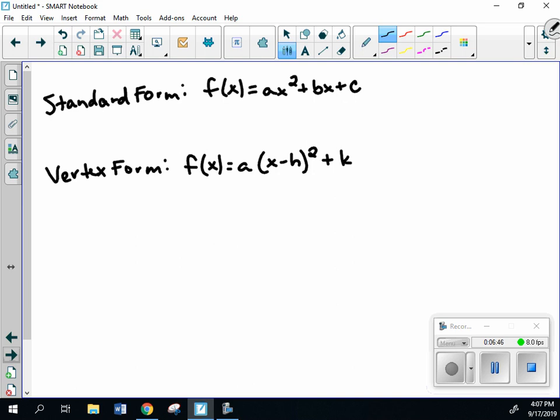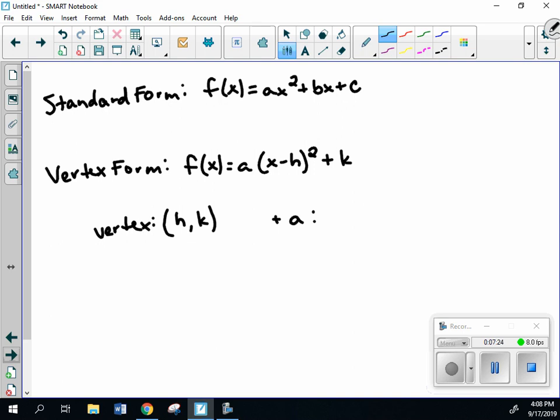In the sense that the vertex is located at h comma k. Now, notice x and h are related inside of parentheses, and like we've talked about before with transformations, that h comes out opposite of what we see, so it's actually a positive h, and then that k is our shift. So like our transformations, the h tells us how far left or right, the k tells us our up and down. Now from prior experience, we know that the a represents a stretch, but the a also determines the direction.